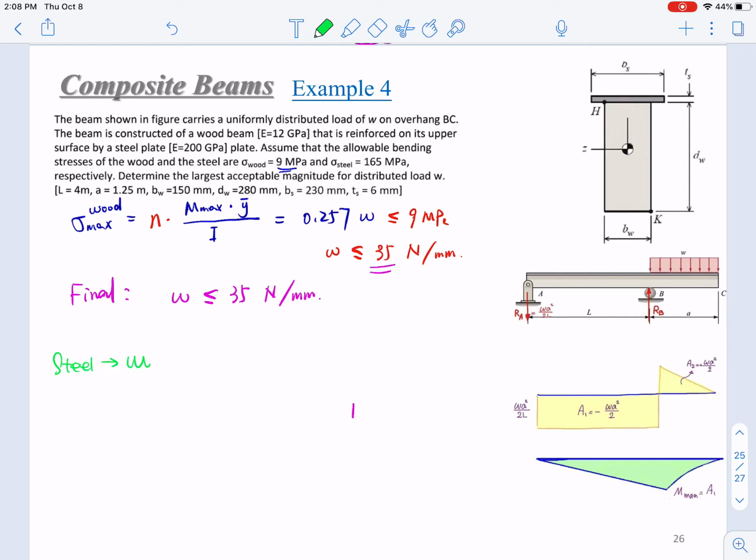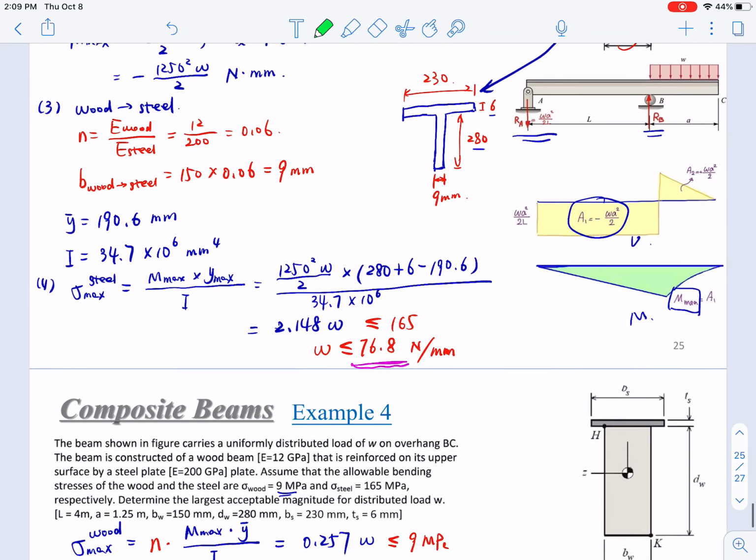The wood will not be changed, but the steel will become wider by a factor of n.